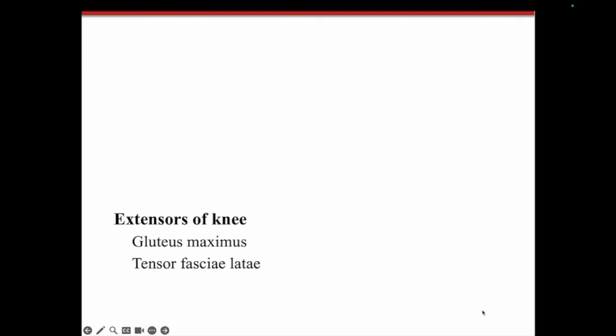Like we discussed in the case of the arm and forearm, every time a muscle crosses a joint, it has the capacity to act on that joint. So the maximus and the tensor fasciae latae are also extensors of the knee.